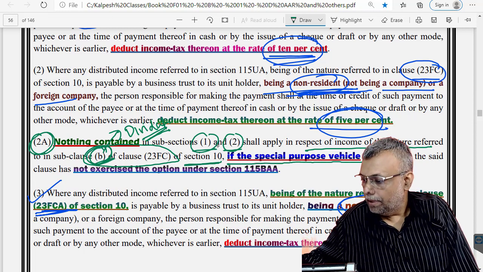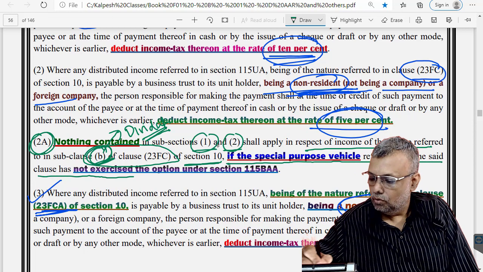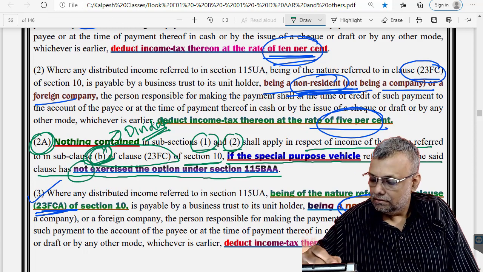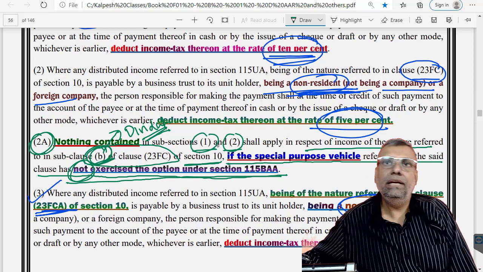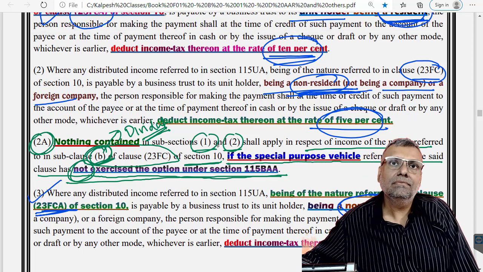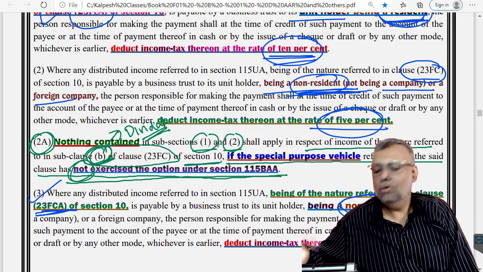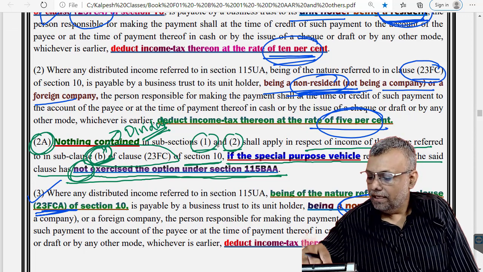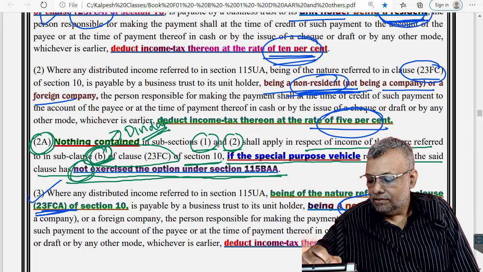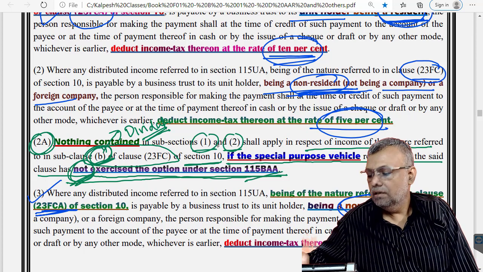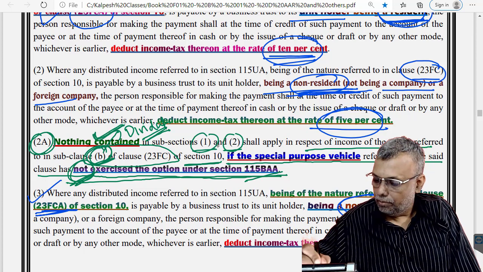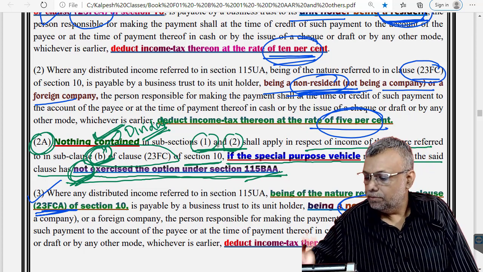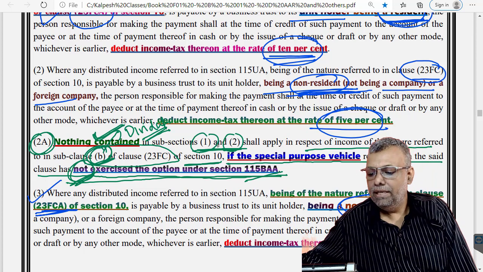If the special purpose vehicle referred to has not exercised the option under 115 BAA provisions, then nothing contained in this particular clause will be applicable.